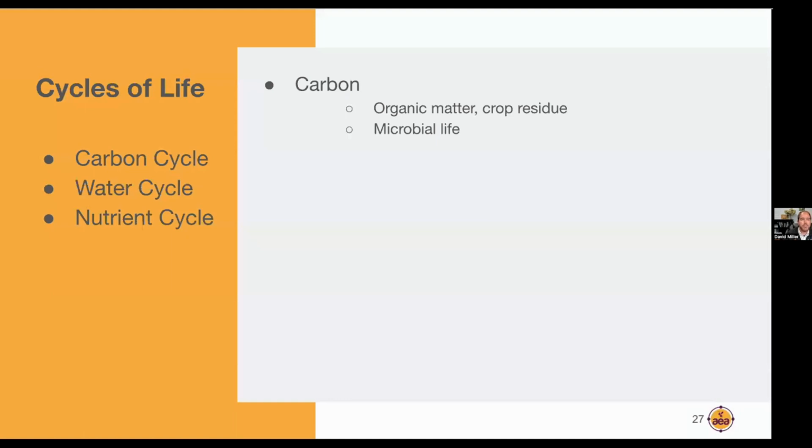If we don't have microbes, it's going to be very, very difficult for that crop residue to break down and for all the carbon that's stored within that crop residue to become available for the next crop, for the nutrients to be released from that carbon, from that organic matter, so that the next crop is able to take it. When we think about microbes releasing that, we think about CO2 and photosynthesis.